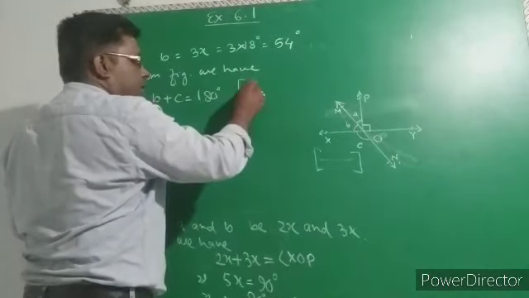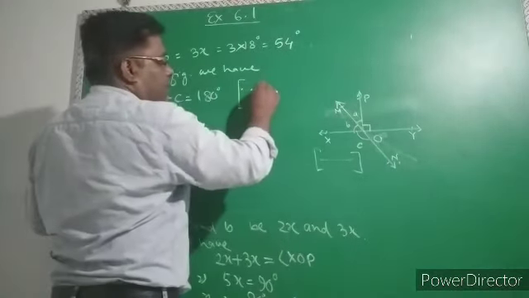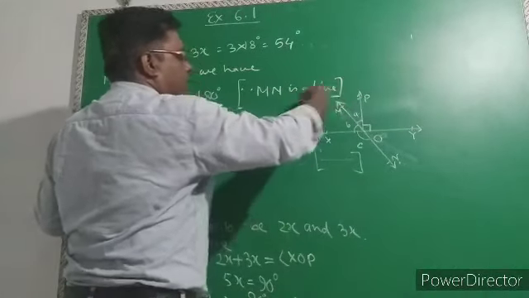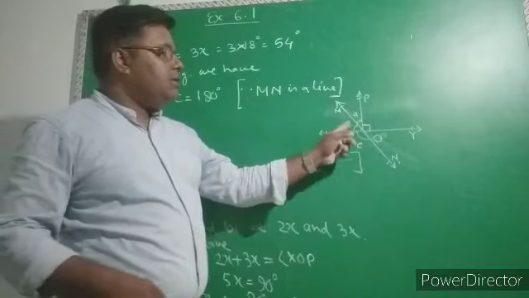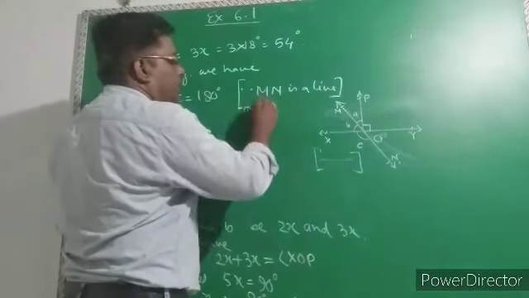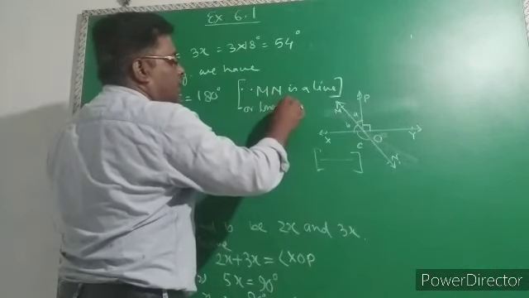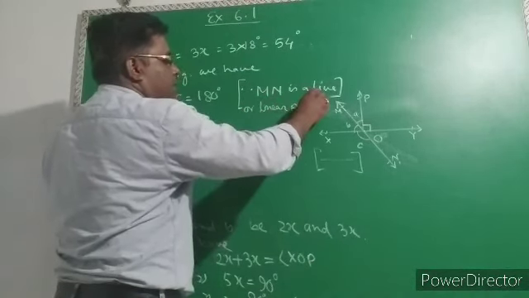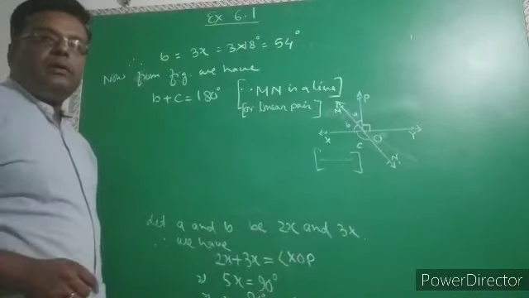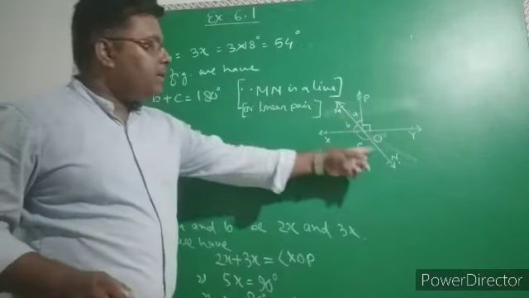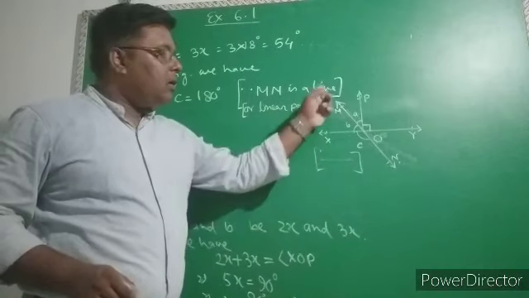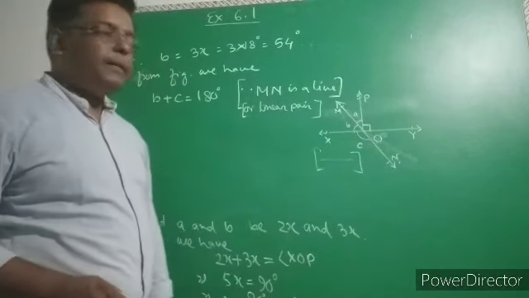You got it? Since MN is a line, B and C are a linear pair, because B and C are two angles on both sides of the ray OX on the same line MN.